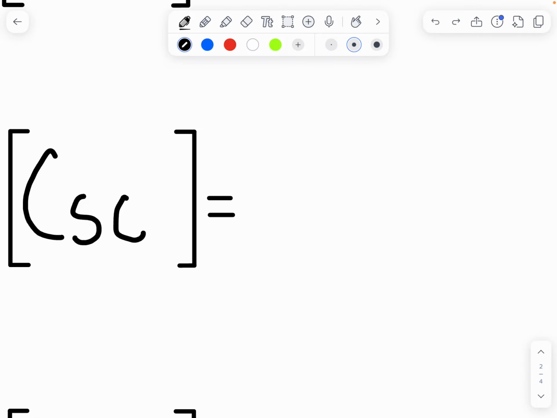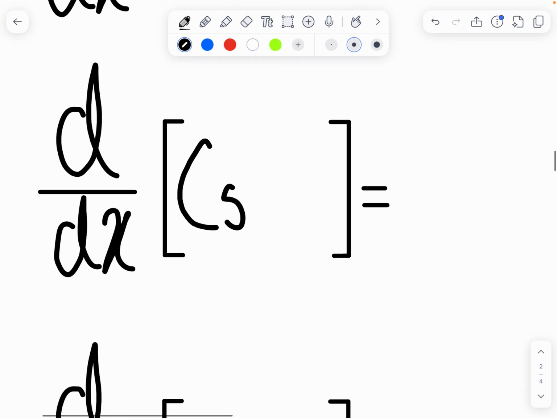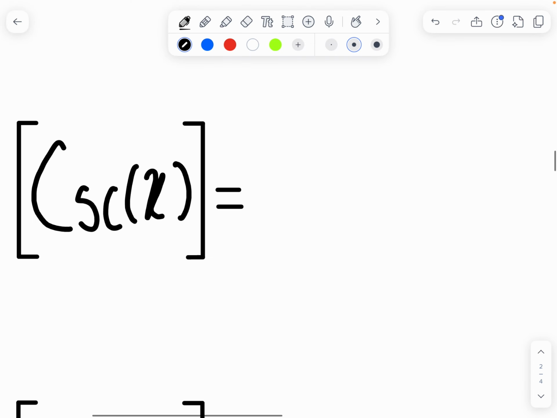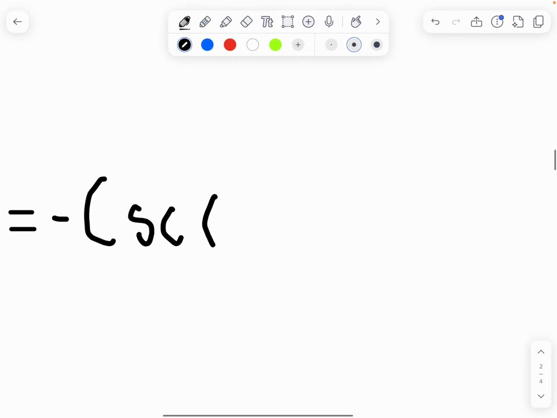Oh, and for the derivative of cosecant x, that is going to equal negative cosecant x times cot x.